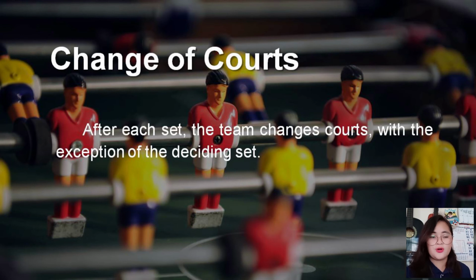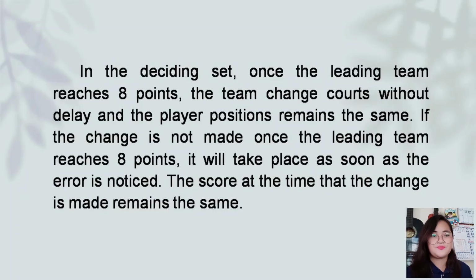Change of court. After each set, the team changes courts, with the exception of the deciding set. In the deciding set, once the leading team reaches 8 points, the teams change courts without delay, and the player positions remain the same.